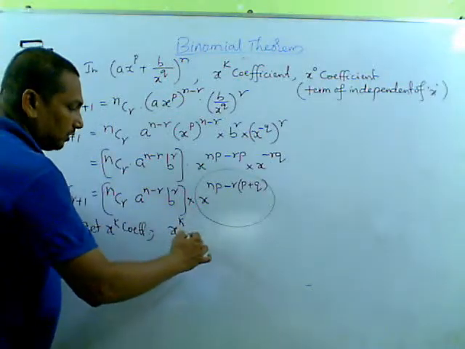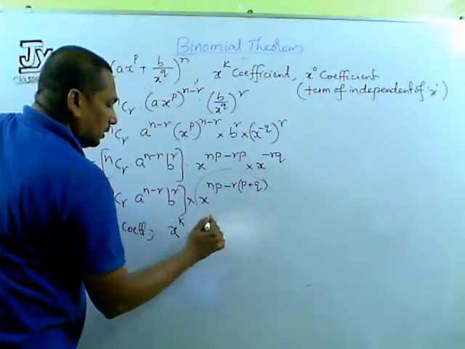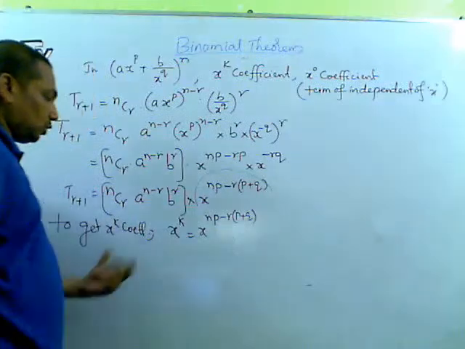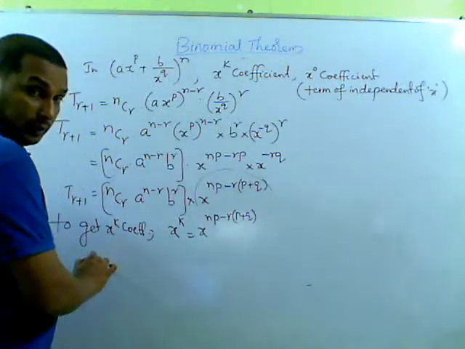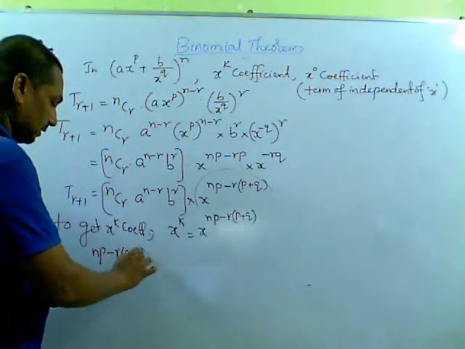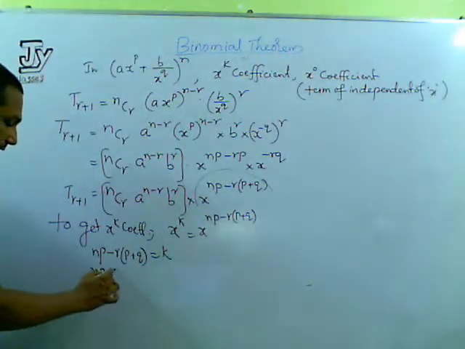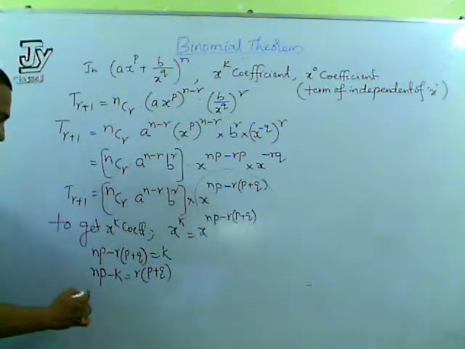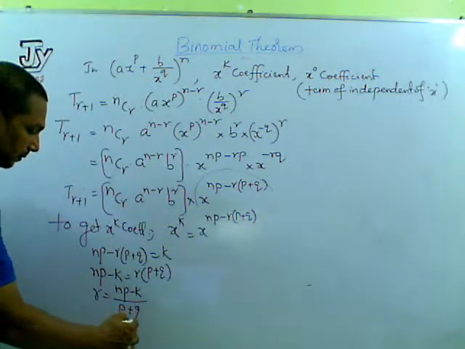So x^k is equal to x^(np - r(p+q)). These two are going to be equated. Base equal, so we can equate the powers. Therefore np - r(p+q) is equal to k, so np - k is equal to r(p+q). So r is equal to (np - k)/(p+q).